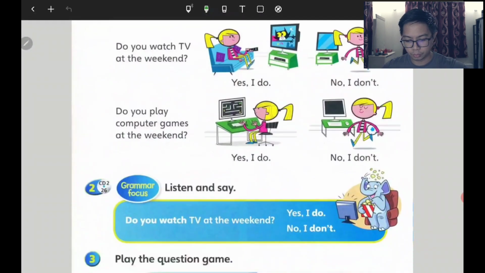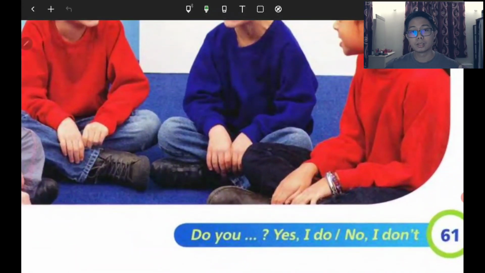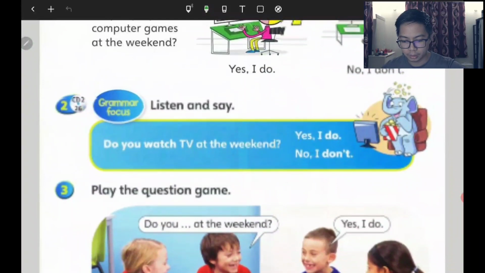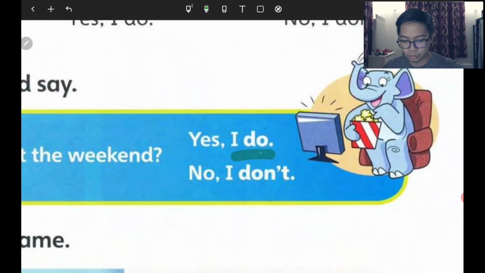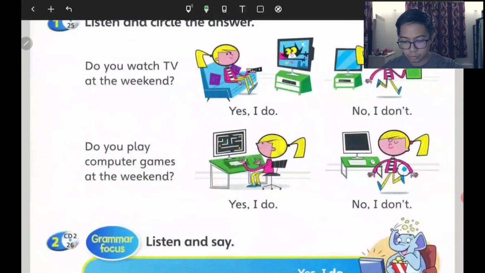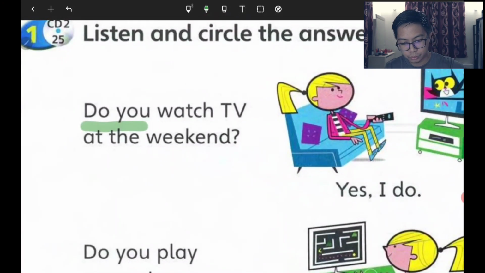And over here we have learned about the question, Do you...? And then you have 2 ways to answer. It's yes or no. But how to answer properly? Yes, I do. No, I don't, okay? And you also have to look at the question carefully, okay?